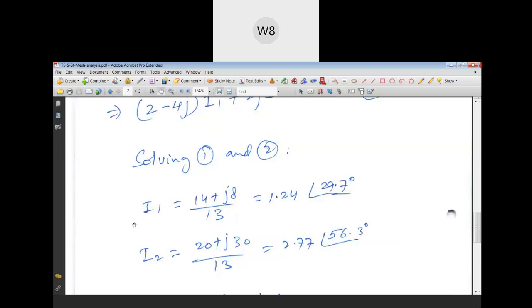So we have found I1 and I2, but they are in phasor form or complex form. From here we have to go to what is called the time domain. By the way, these forms are also called the frequency domain. So there are various names for capital I1 and I2: complex form, phasor form, or frequency form.